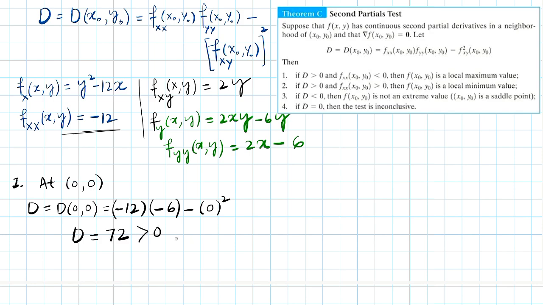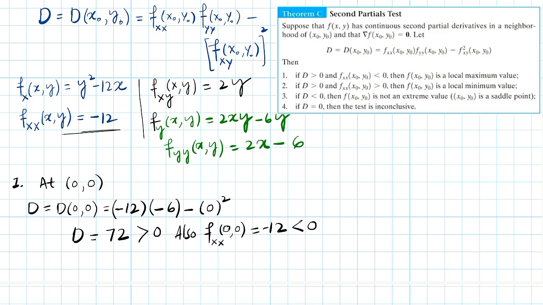Also you have to check that f double derivative with respect to x at 0 comma 0 becomes negative 12, and that is less than 0. So by the second partials test, when the discriminant is greater than 0 and the double derivative of the function with respect to x at the critical point is less than 0, the function attains a local maximum value at that critical point.